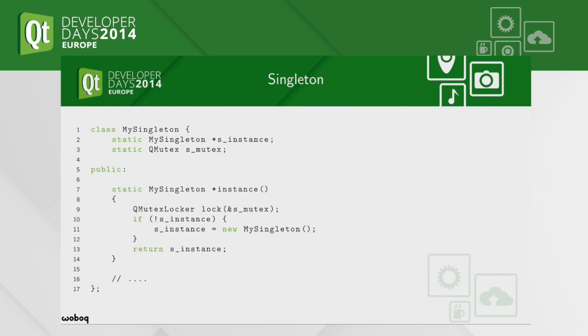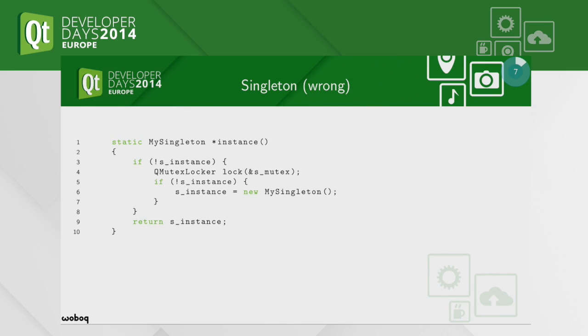Then someone might think, oh, but there we have a mutex, maybe it's slow, because we are going to lock every time we want to access this singleton. Maybe we can be more optimal and remove the mutex and only lock if we're going to actually initialize the singleton, but every subsequent run, we don't need to lock.